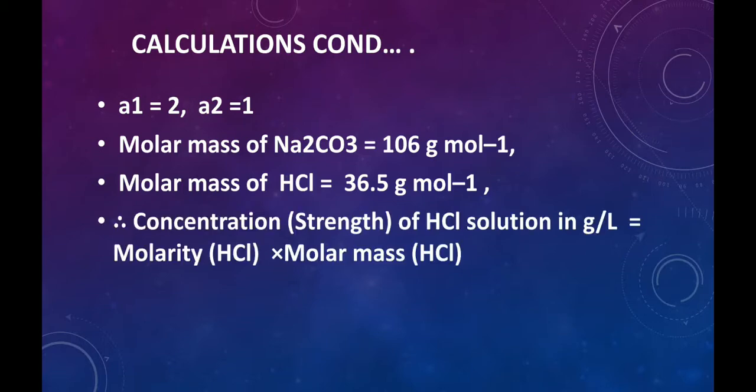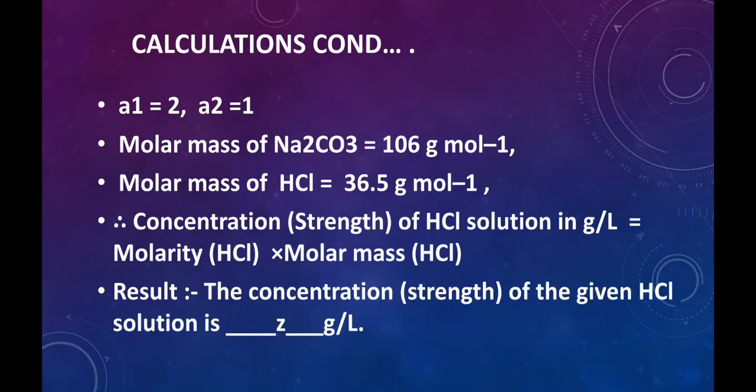Therefore, concentration, that is strength of HCl in gram per mole, will be product of molarity of HCl and molar mass of HCl. Let this product come to Z gram per mole, which will be the strength of given HCl solution.